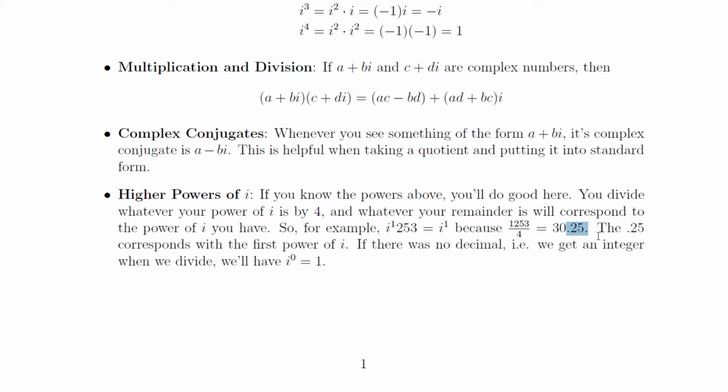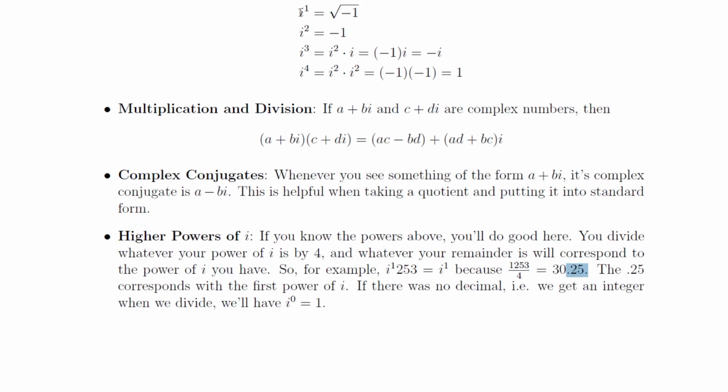The 0.25, remember, it's cyclic. It keeps going around in a circle. So you look at the remainder, or whatever the fraction or decimal is, and see what it corresponds to in your four powers of I. This right here corresponds with 0.00, this with 0.25, this with 0.50, and this with 0.75.